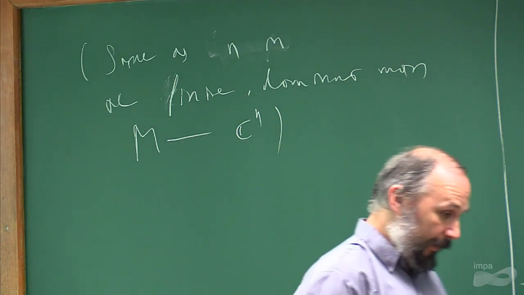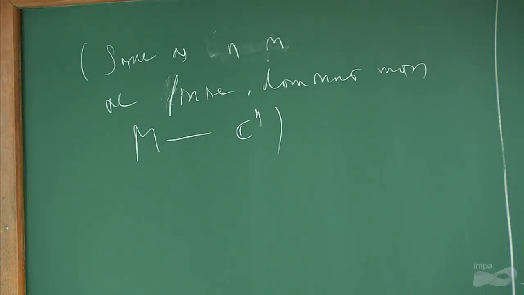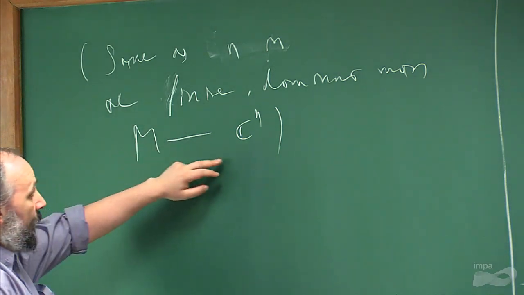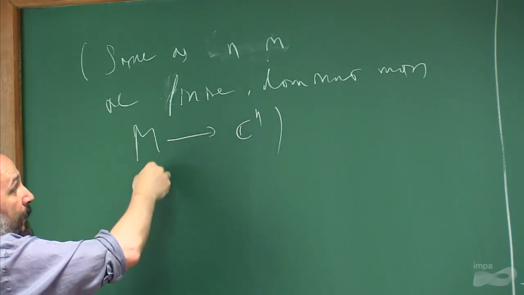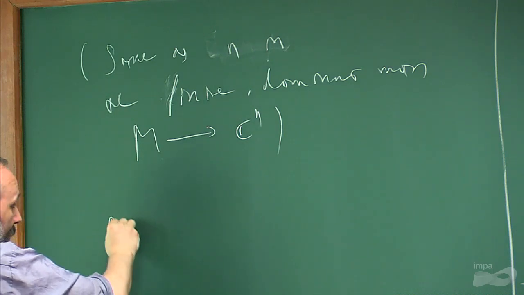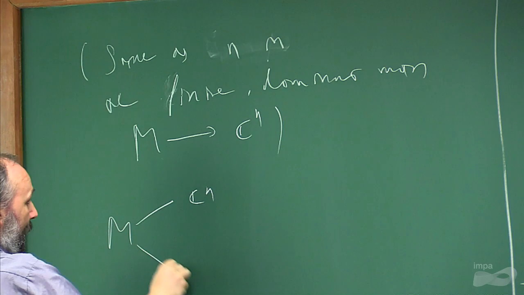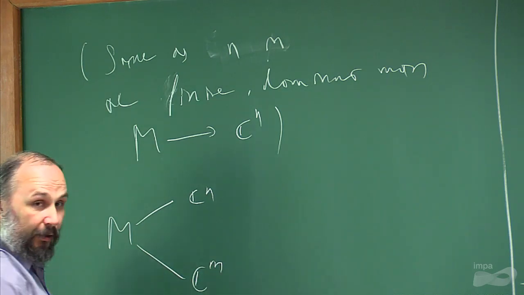And now, by the way, we didn't prove that transcendence dimension is independent of the choice. It was left to you as an exercise. But now it's proven, at least for this situation, because suppose you have a map from M to C^n which is finite dominant, and a map to C^m which is finite dominant.